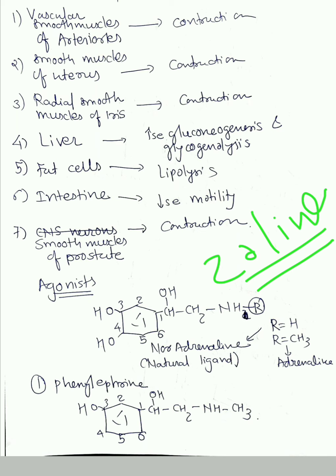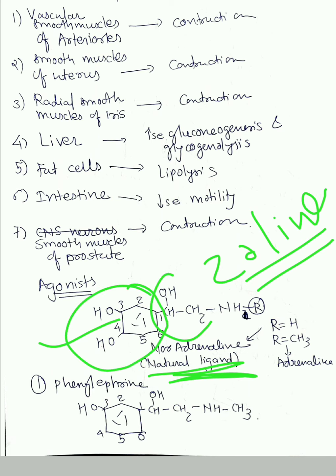Okay, now before going to the actual structure, let me once again explain to you the structure of noradrenaline or adrenaline, because they are the natural ligand of alpha 1 receptor. So this is catechol, ethanol, amine. In case of noradrenaline, this R is hydrogen, so that's why NH2.